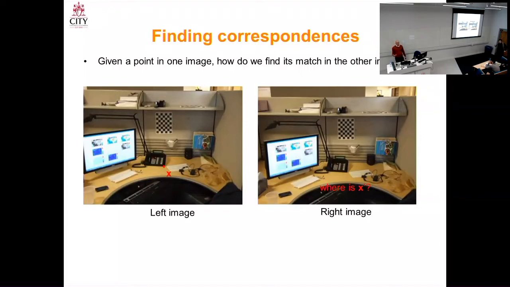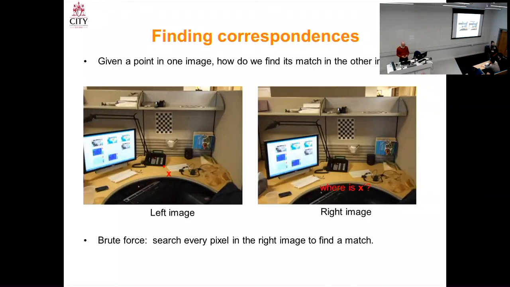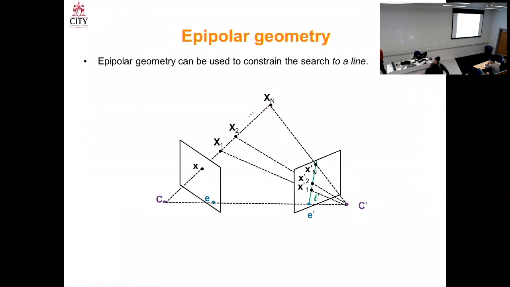There's something that's really interesting, though, when we talk about stereo, and that is that we can actually reduce this computation to one dimension. And to do that, we need something called epipolar geometry. So what's interesting here is that the point, capital X, is in three-dimensional space.